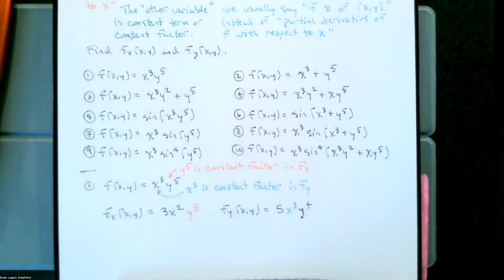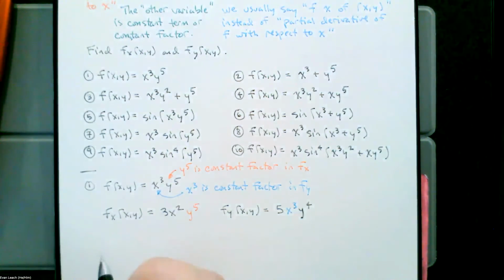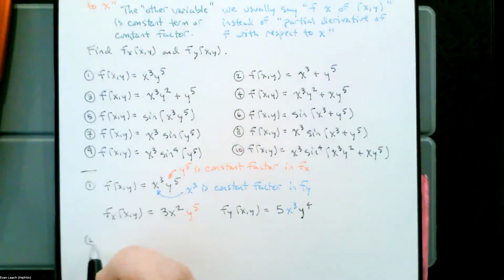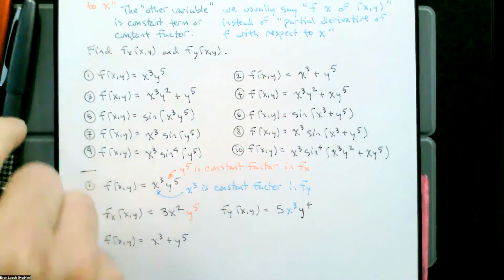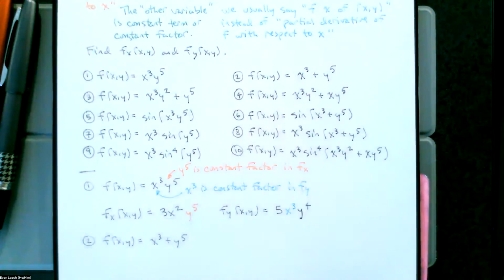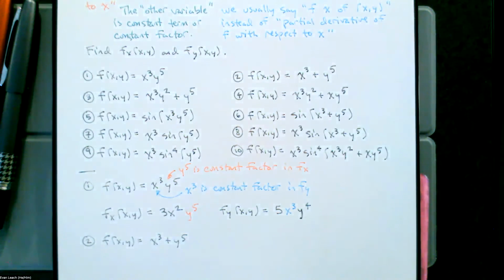We can compare that to problem 2, where we have x cubed plus y to the fifth. So in problem 2, it's the other one. Here, the y to the fifth is going to be a constant term in the fx derivative, and the x to the third is a constant term in the fy derivative.